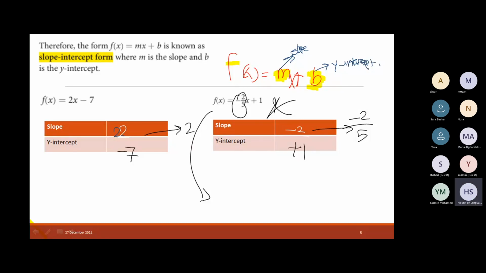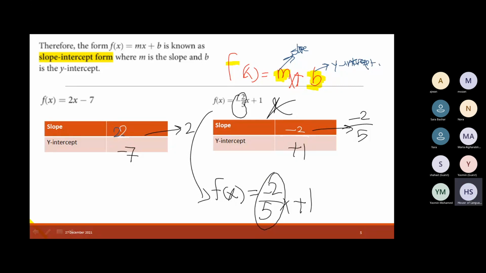Type this one here: f of x is negative 2 over 5x plus 1. I told you now, to know the coefficients. What do I mean by the coefficient of x? Who can tell me? Bravo. The number that is multiplied by x is the coefficient of x. Where is the coefficient of x here?